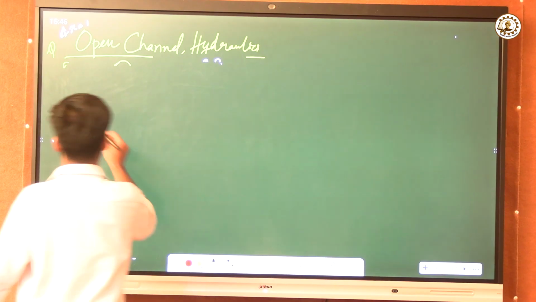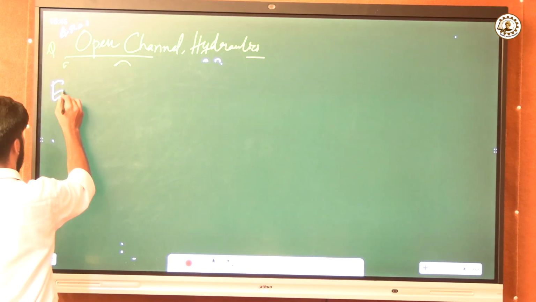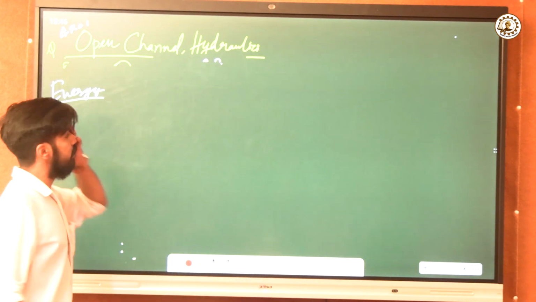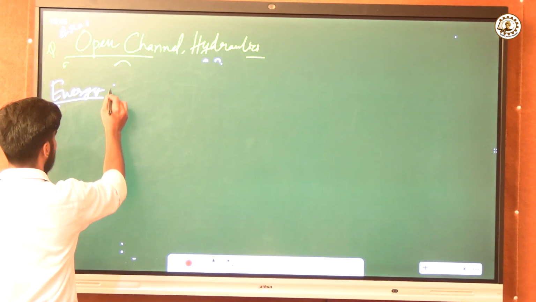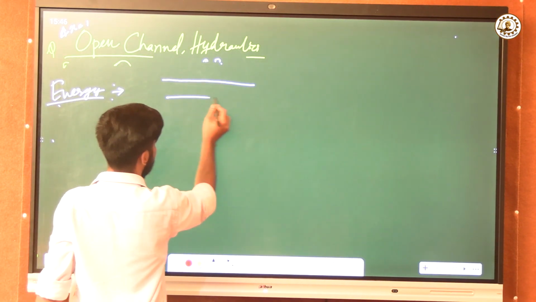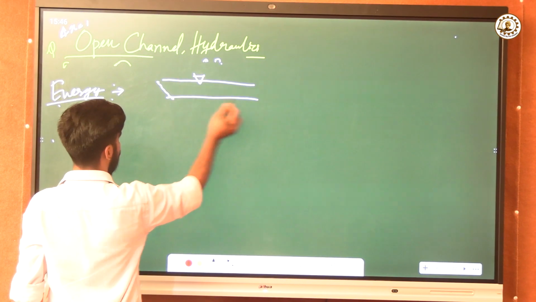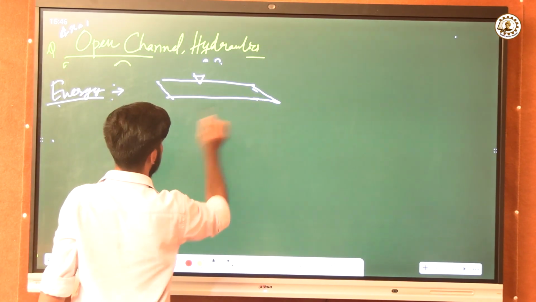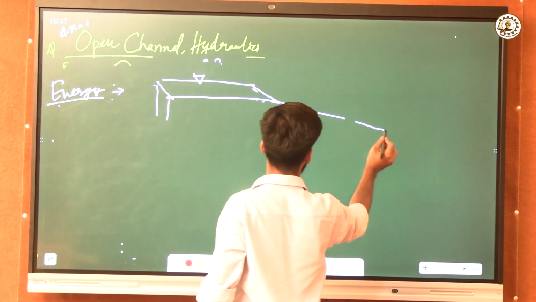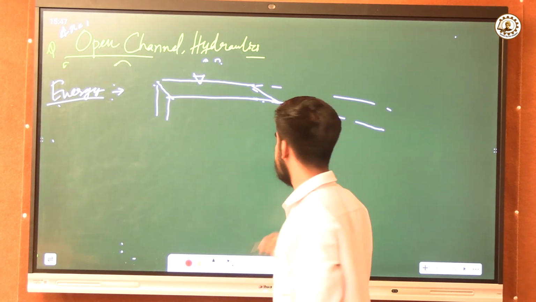Now, the energy. Listen very carefully. Now, think of an open channel first. This is the surface of the open channel. Now say this is the slope of the channel. Okay? This is the slope of the channel.